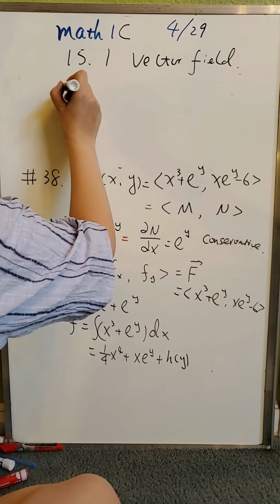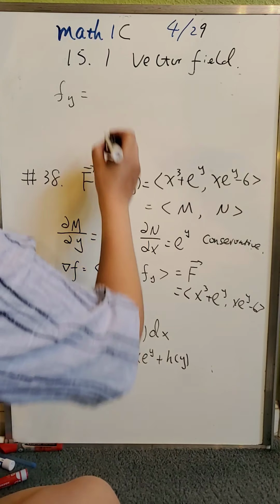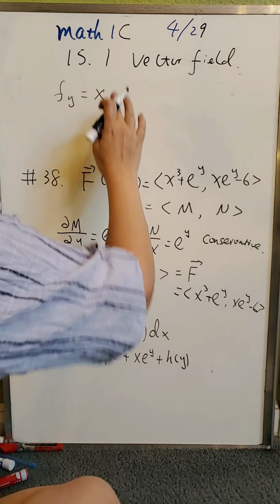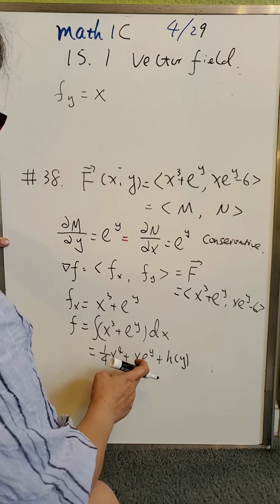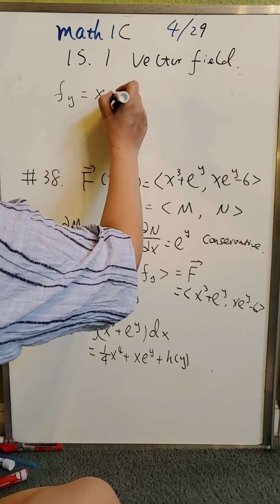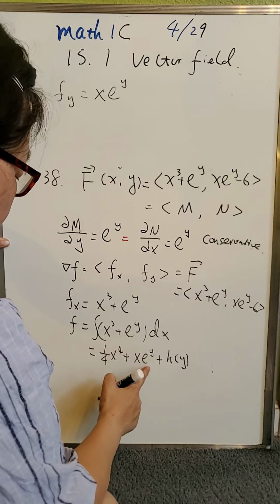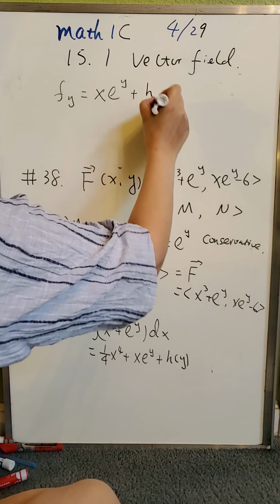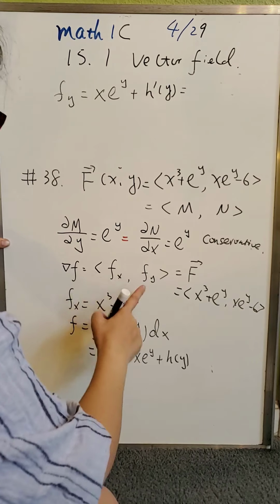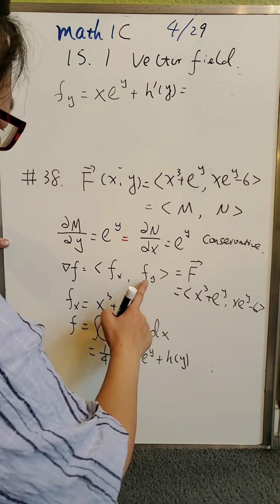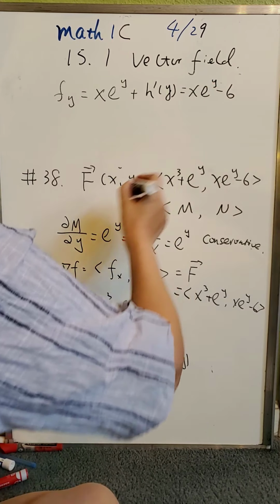So I'm going to continue. f of y equals, that's 0, and the derivative of x e^y with respect to y, this x is just a coefficient, so the derivative is just x e^y, and then plus h prime of y. And this is equal to this, right? This matches that x e^y minus 6, okay?